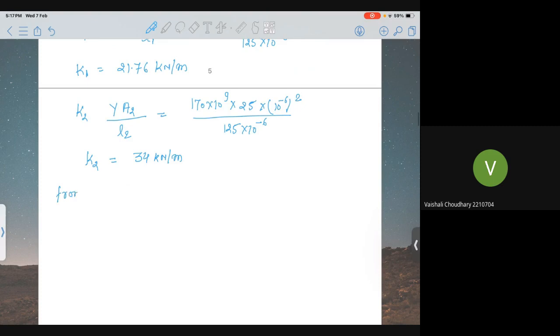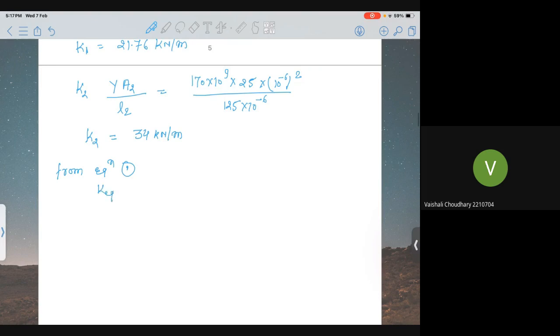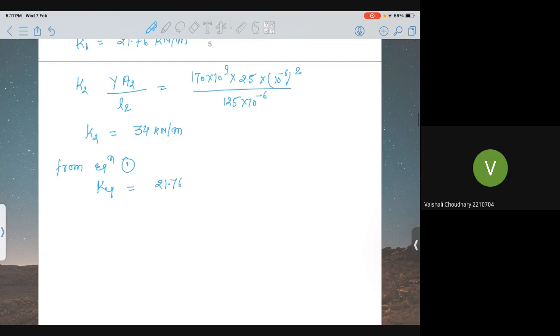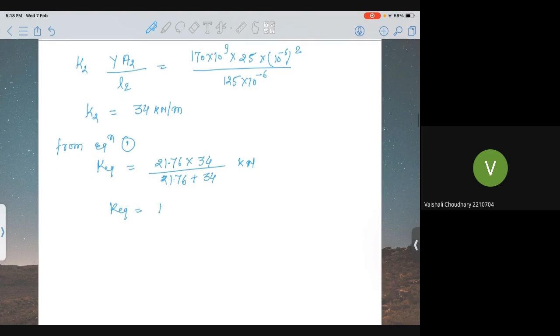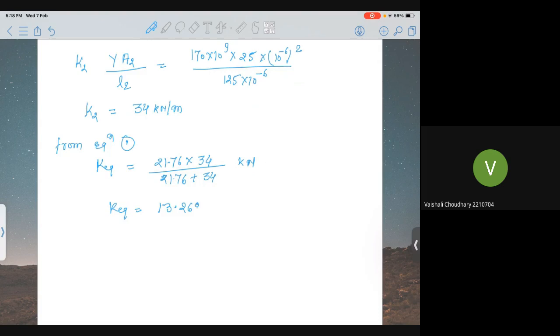So now from equation 1, the total equivalent spring constant will be 21.76 into 34 divided by 21.76 plus 34 kilonewton per meter, or K equivalent is 13.268 kilonewton per meter.